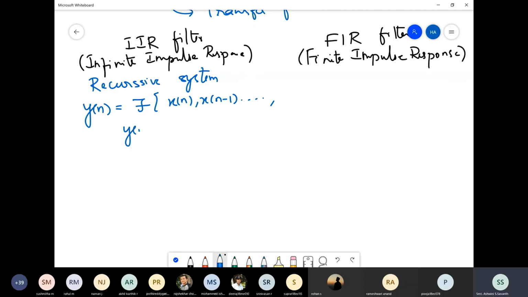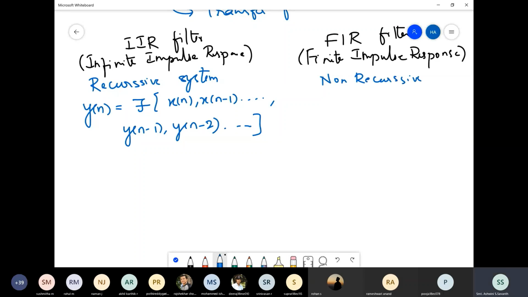Also, it will depend on the past output values, like y of n minus 1, y of n minus 2 and all these things. Such a system is called a recursive system. Whereas your FIR filter is a non-recursive system.